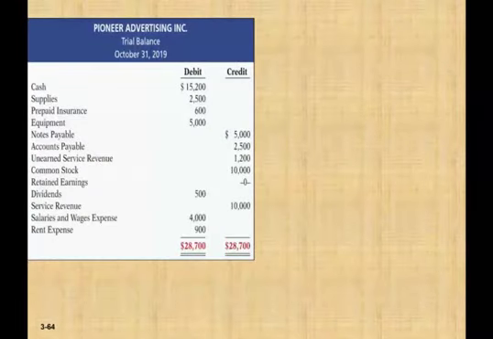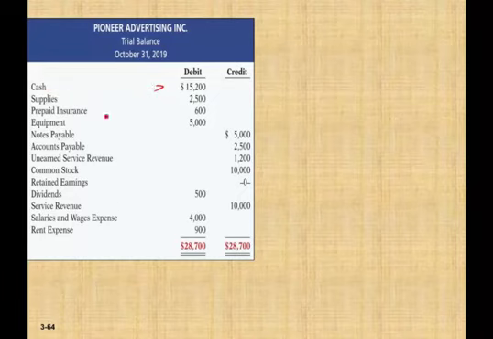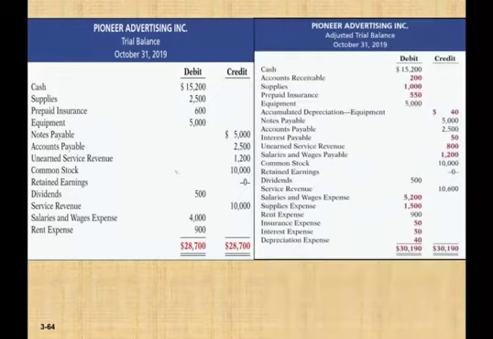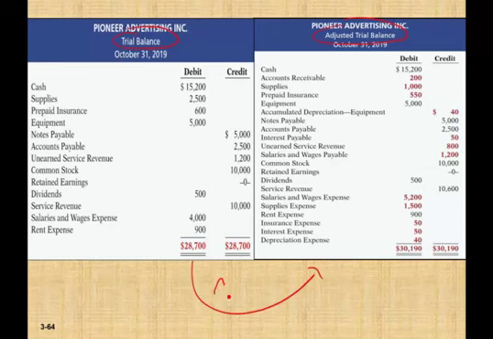This is the old trial balance. Cash 15,200, supplies 2,500, prepaid insurance 600, equipment 5,000, and so on and so forth. In between this trial balance and this adjusted trial balance, we prepared all the adjustments, and this is what we did in the prior sessions.